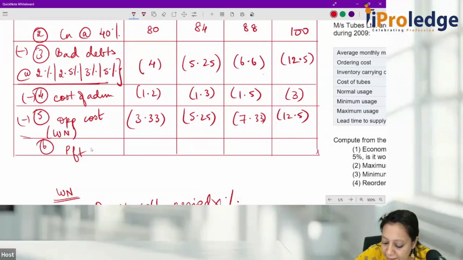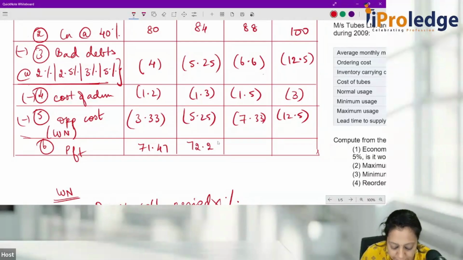Let's do 80 minus 4 minus 1.2 minus 3.33. We will get 71.47. 84 minus 5.25 minus 1.3 minus 5.25. We'll get 72.2.